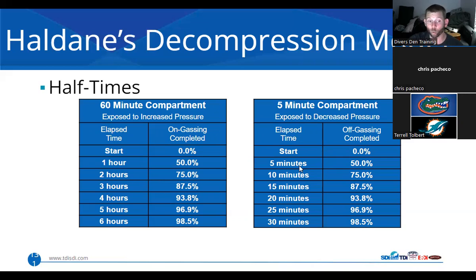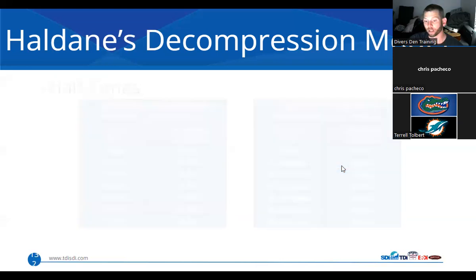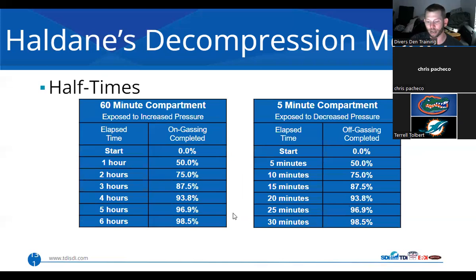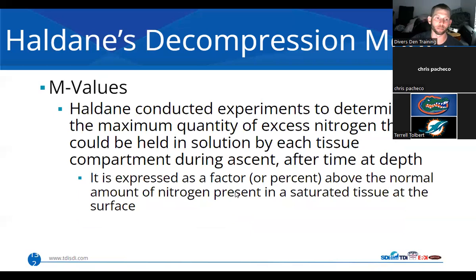Some of them have like 25 different compartments, some of them have 5, but your softer tissues usually have a faster on and off gassing rate, and then your harder tissues have a longer off and on gassing rate. Your limiting tissues for the shorter times, for the deeper depths, are your shorter tissues, and for the shallower depths with longer times, your limiting tissues are going to be your longer tissues, because those take a long time to off gas. We'll talk about that more in depth later.